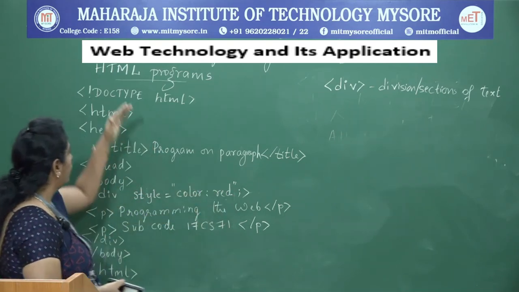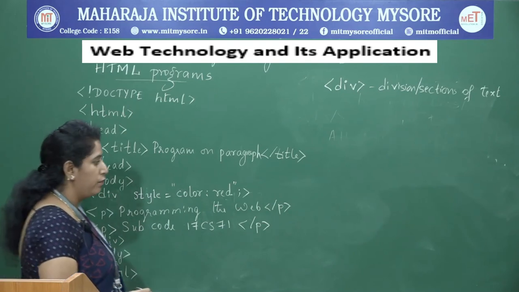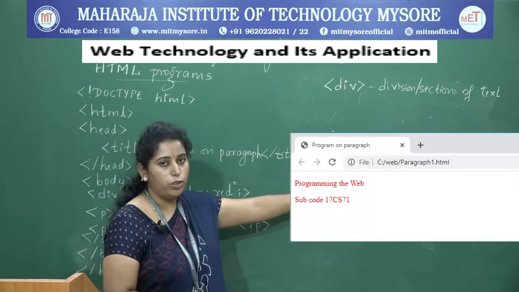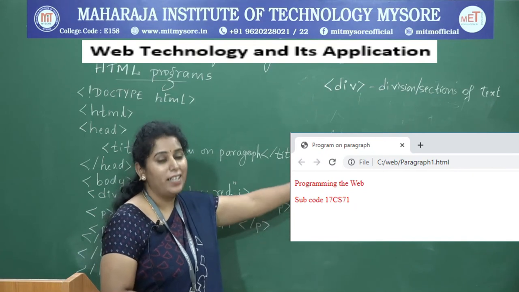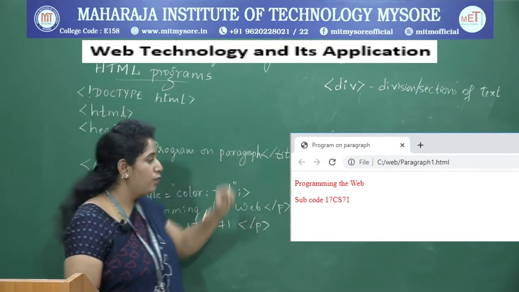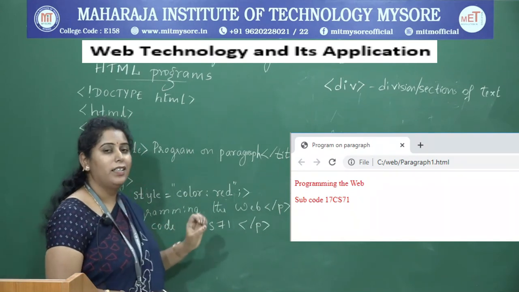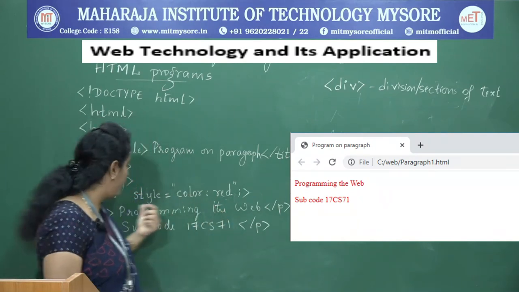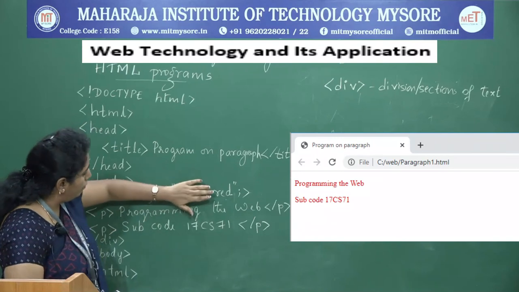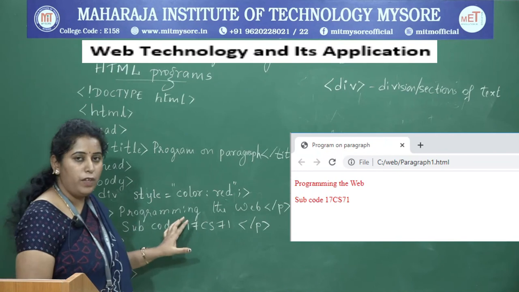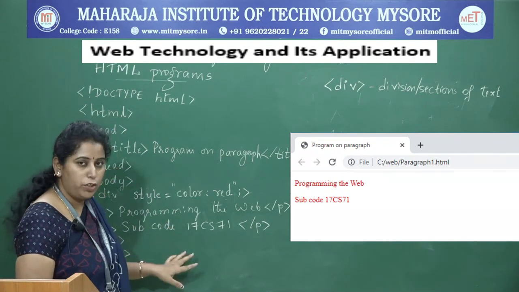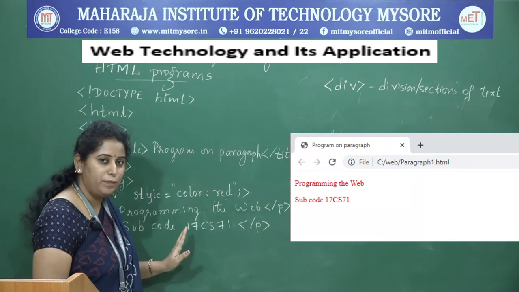So now when you run this program, you can look into the output. Both the lines are printed in red color. So you can notice the working of the div tag now. If you have not given the div tag, the output will be programming the web and subject code printed in black color.